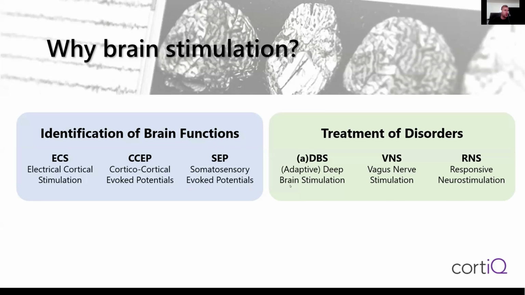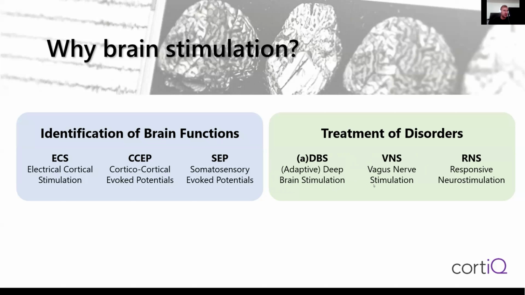And on the other hand, we can also utilize brain stimulation for actual treatment of disorders. So for example, famous is of course the deep brain stimulation for tremor and Parkinson's patients, where if you stimulate the subthalamic nucleus, then you can actually inhibit the shivering of the hand or stop the tremor. Then it's also possible, for example, to have vagus nerve stimulation.